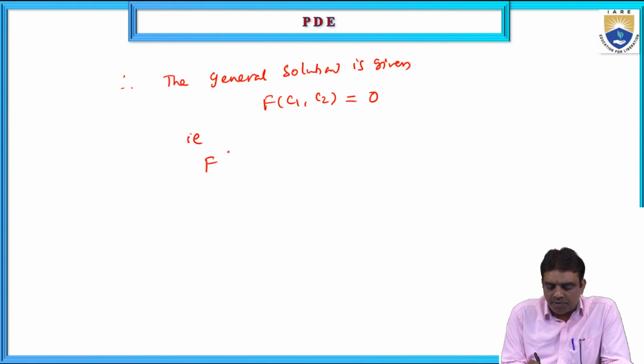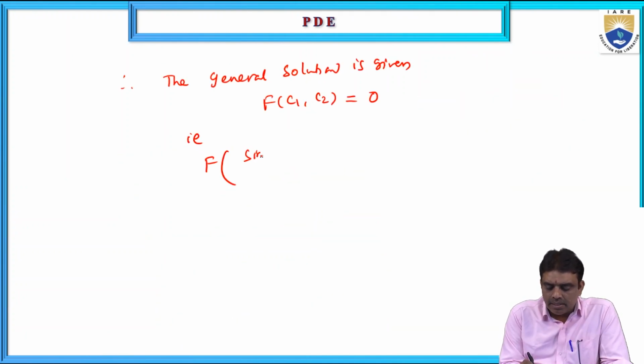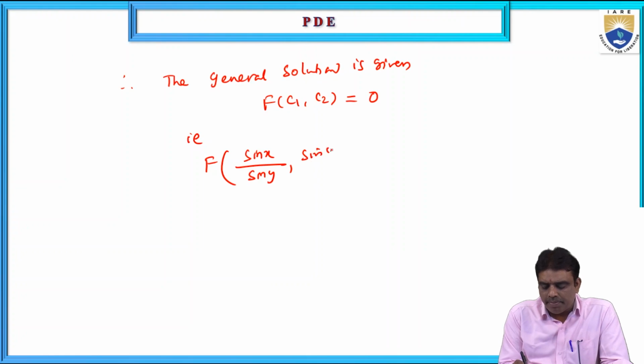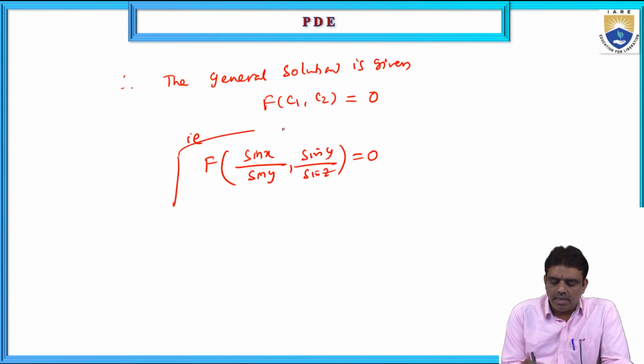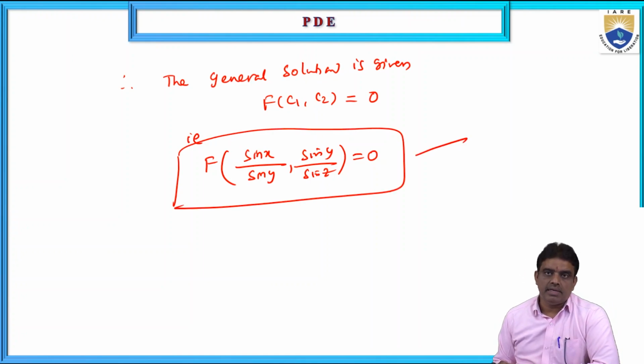That is capital F of (sin x by sin y, sin y by sin z) is equal to 0. This is the required general solution of the given partial differential equation.